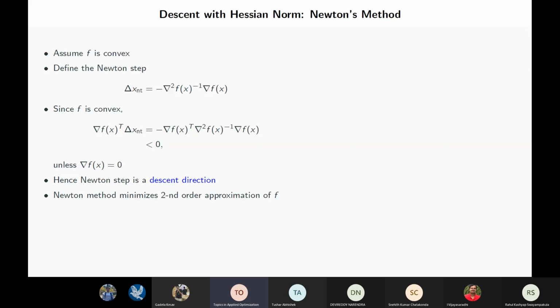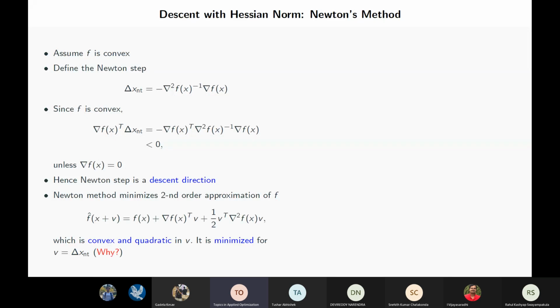So the Newton method minimizes the second order approximation of f, obviously. We can write a second order Taylor approximation, and this is convex and quadratic, and it is minimized for the choice of v that we have here. So you can check this.